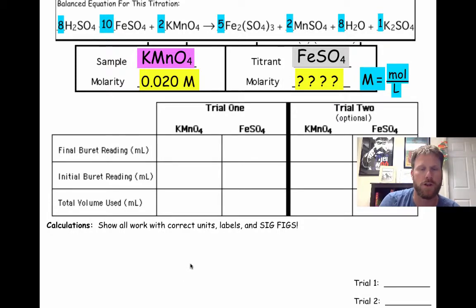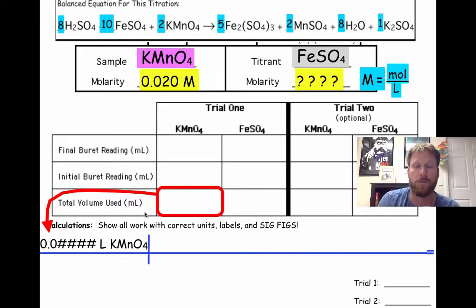We are going to start by using the volume of KMnO4 that was required to reach the endpoint. We'll take this number, which we don't know yet. We'll be able to get 4 sig figs for that number, but we're going to take the volume of KMnO4 we used and convert it to moles of KMnO4 using the concentration. So we know 1 liter of KMnO4 will be 0.020 moles of KMnO4.